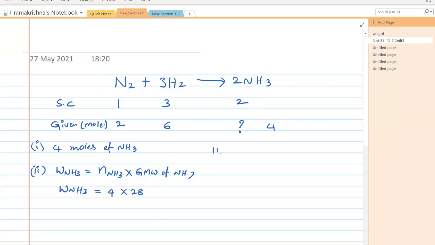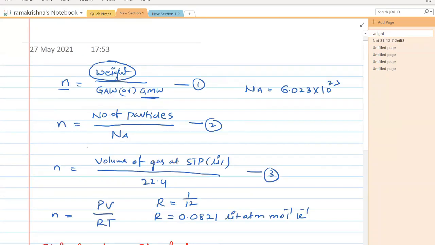And what is the third answer? We have to find out volume of NH3 at STP, which is equal to, again we can use the third formula here. Here I know the number of moles and I know this volume, and I want to find out volume of the NH3 at STP condition. I can use third formula.